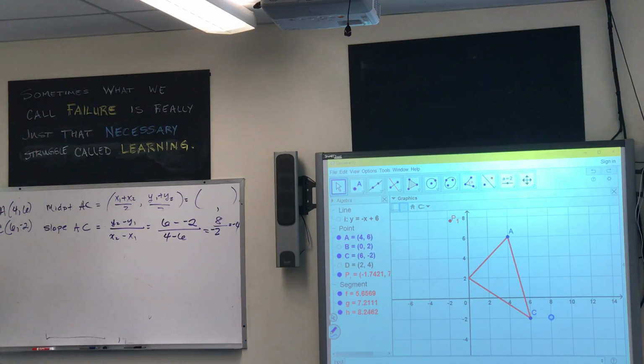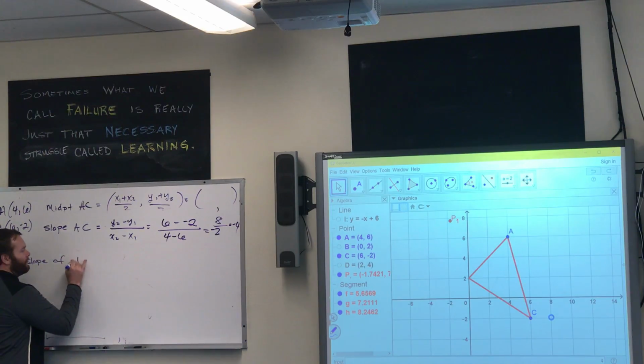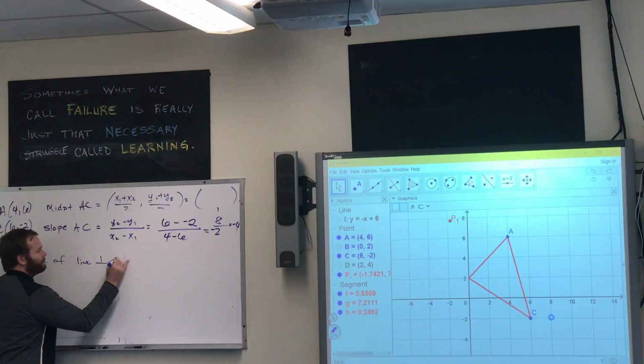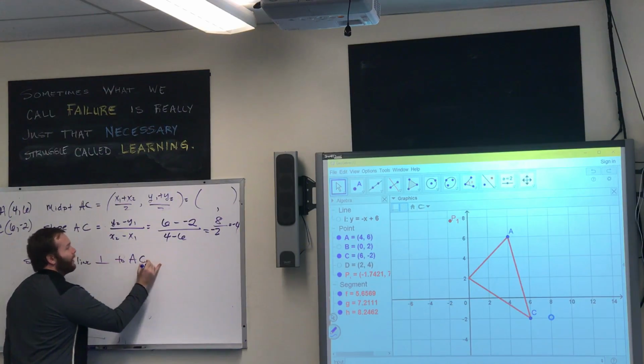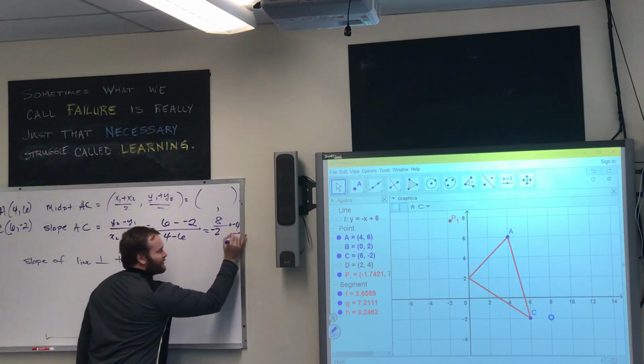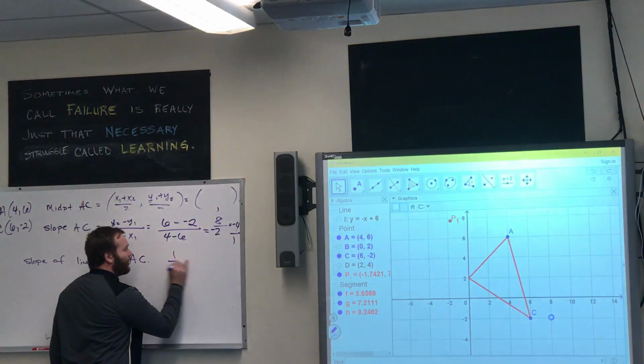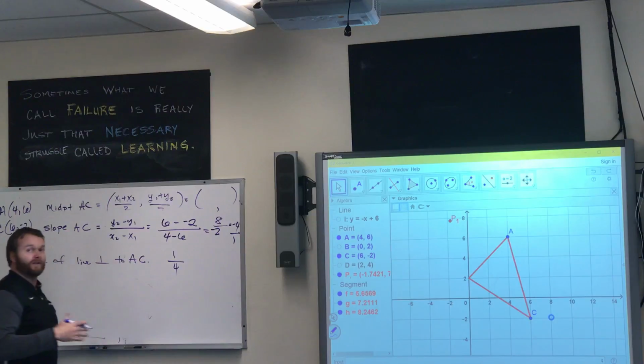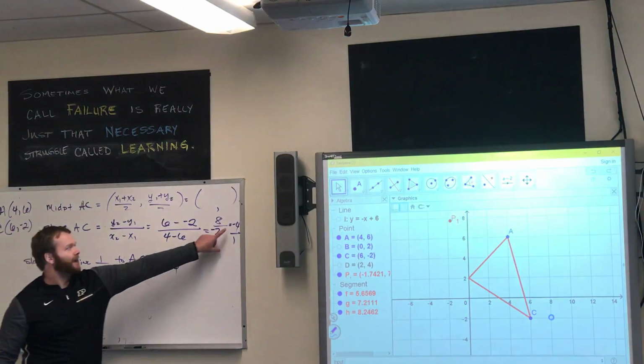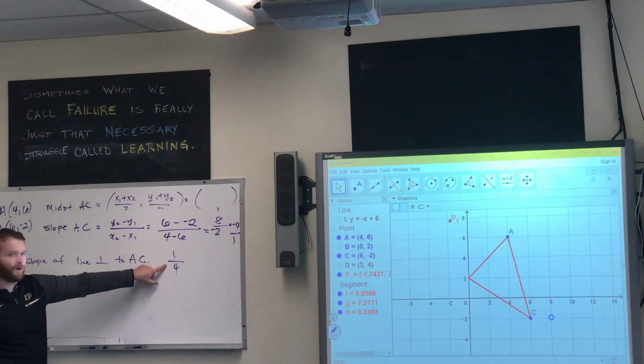What is the slope of a line perpendicular to AC? 4. Or regular 4, I guess. Careful. 1 over 4. So this is negative 4 over 1, right? We always want the reciprocal, so the reciprocal becomes 1 over 4. Then we want the opposite sign, so this was negative, and when I write it this way, it's positive.